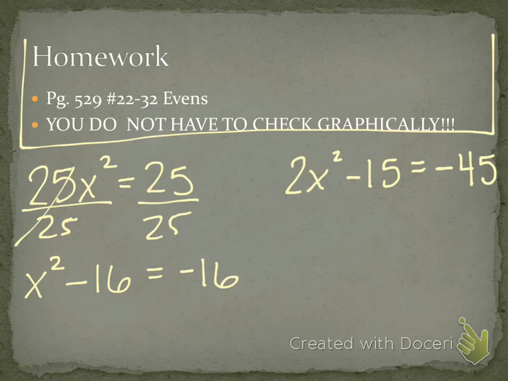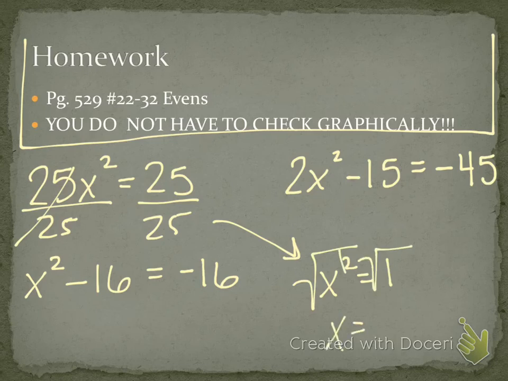Then I get, I'm just going to move it right down over here, x squared is equal to 1. What would I do now? The square root. Very good. And x is equal to positive and negative 1. And how many roots does this have? 2 roots. Okay.